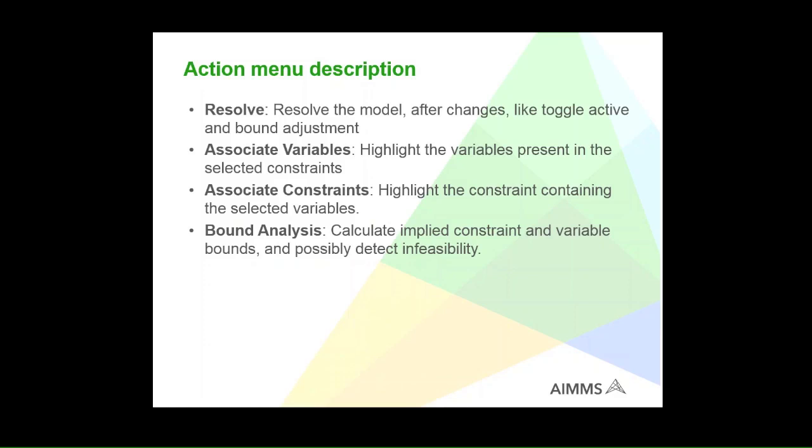A bound analysis is actually a useful tool because it calculates implied constraint and variable bounds. You can imagine that sometimes certain constraints and variables have bounds, and based on the bounds of the variable, you might be able to adjust the bounds of the constraint.